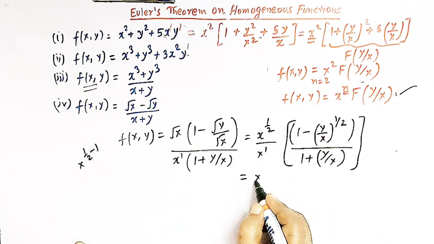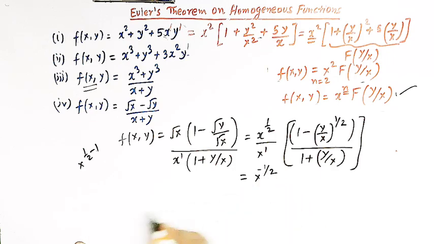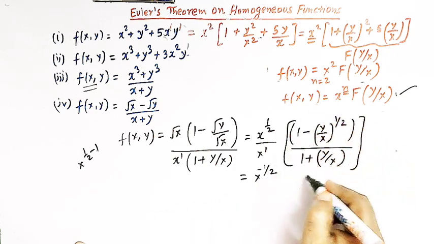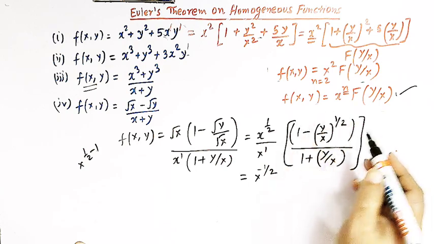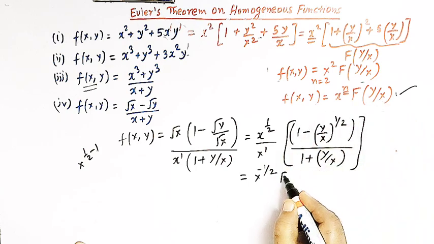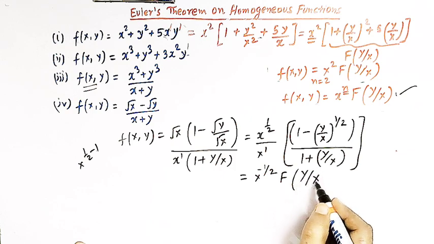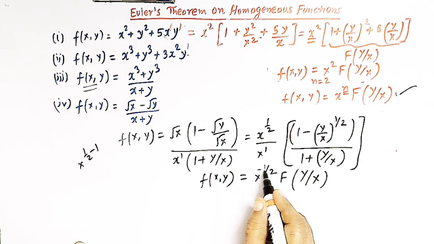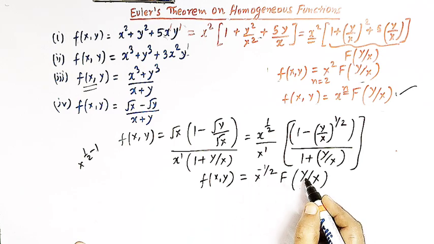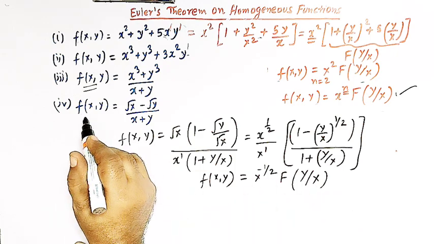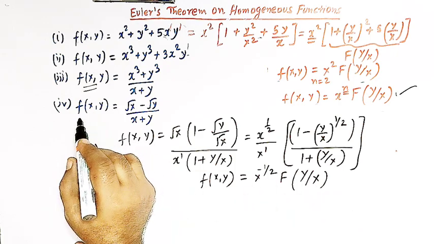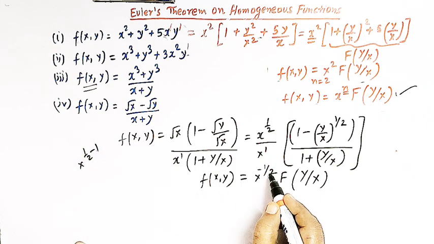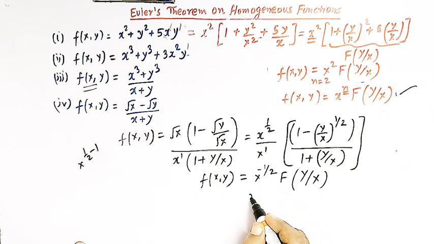So we have x raised to minus half, right? And this entire expression is a function of y over x. So we can write f of y over x. So we have f of x comma y as x raised to minus half f of y over x. So this is again a homogeneous function of degree minus half. So here the value of n is equal to minus 1 over 2.